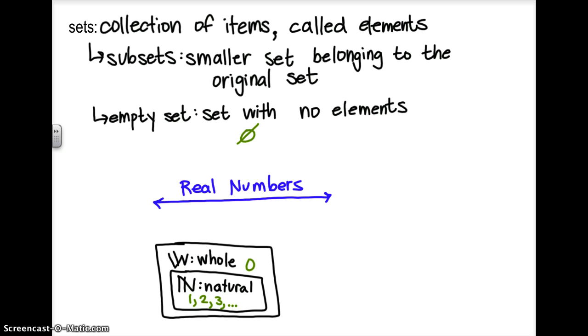Okay, getting bigger, we add more numbers. We add the negative numbers. Okay, the negative numbers get the letter Z. It's a fancy Z, it's got the extra line, same with the N and the W. We call them the integers. Okay? So adding in the integers, we are adding in numbers like -1, -2, -3. So exciting, the negatives.